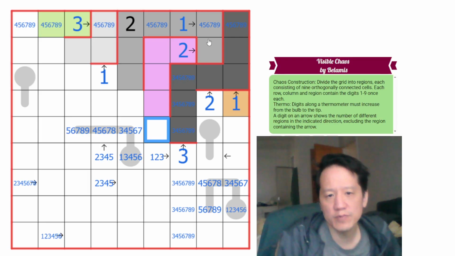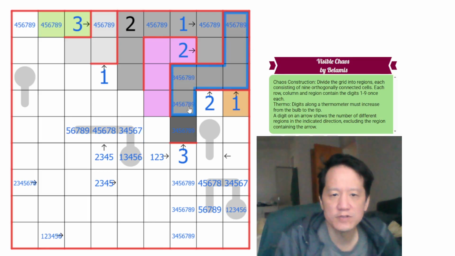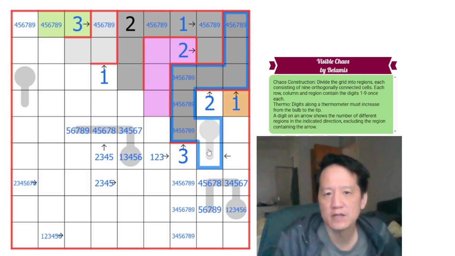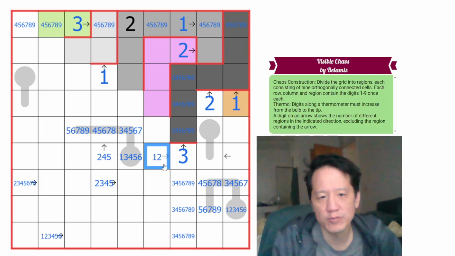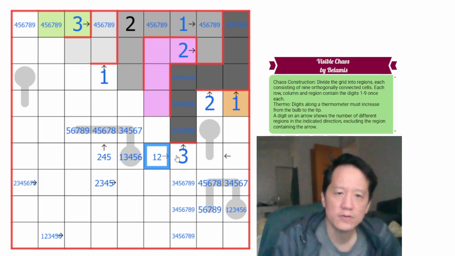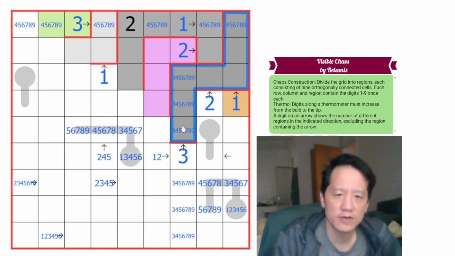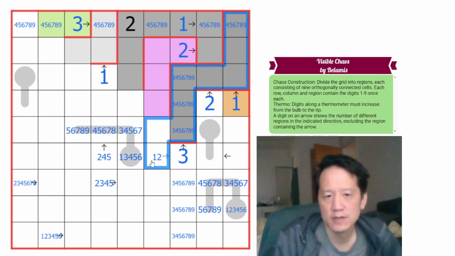The problem here... 1, 2, 3, 4, 5, 6, 7, 8, 9. It needs a 1, I guess. This can't be 3. Oh, well, okay, that can't be 3 either. 1, 2, 3, 4, 5, 6, 7, 8, 9.